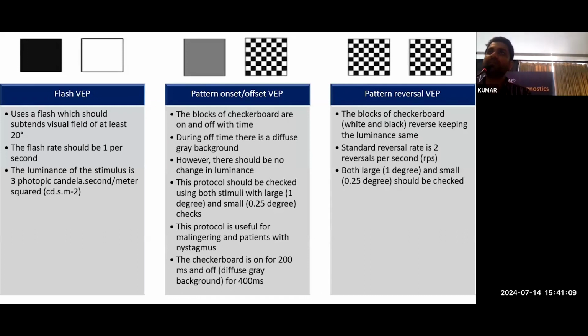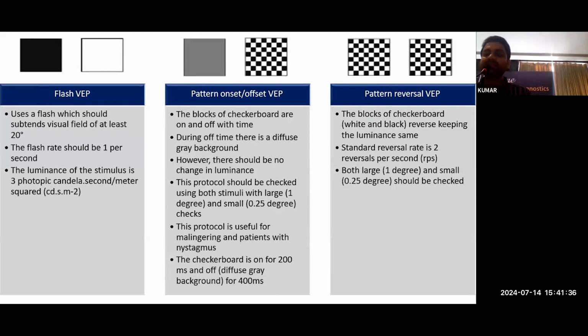The second type of VEP stimulus would be a pattern stimulus, where it could be presented in an on and off checkerboard pattern or a reversal checkerboard stimulus. The first is the pattern onset offset VEP, where a checkerboard stimulus is presented in an on and off pattern. Two types of checks are tested in both pattern onset and the next type, pattern reversal VEP, where the small and the large checks are usually tested.